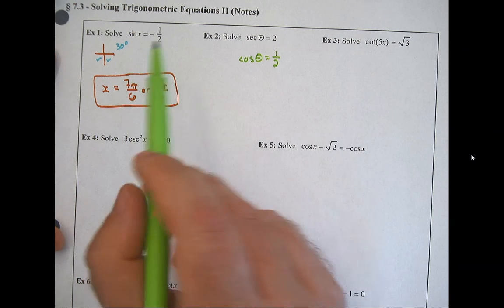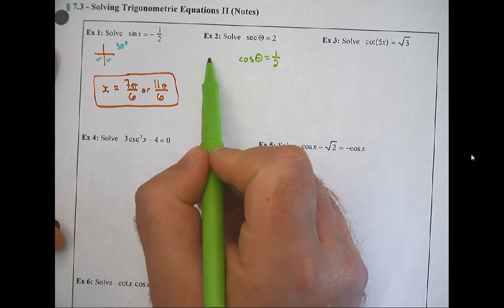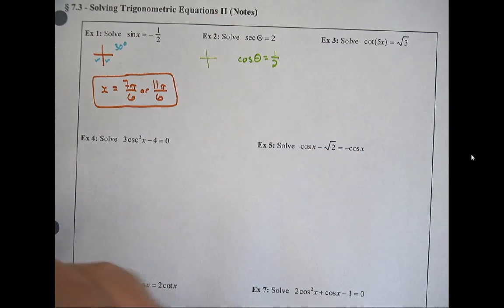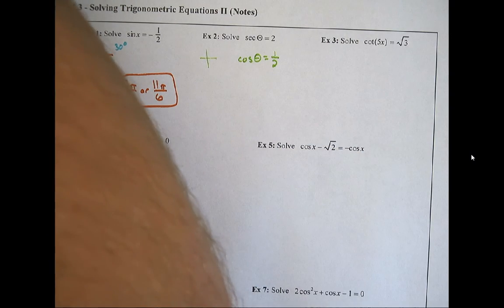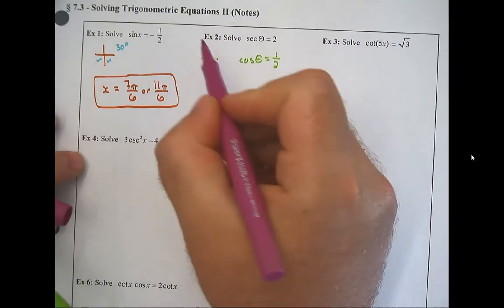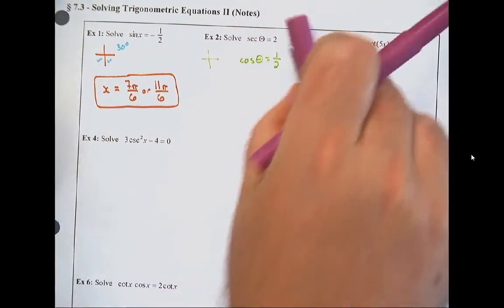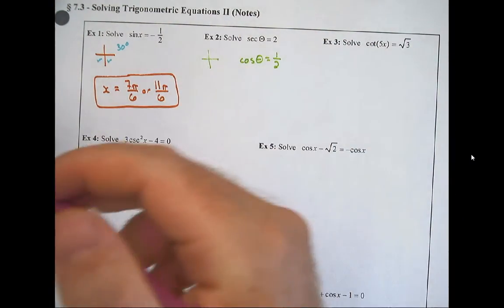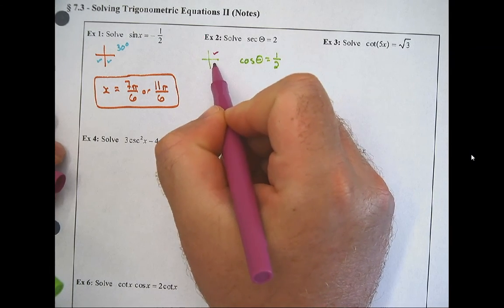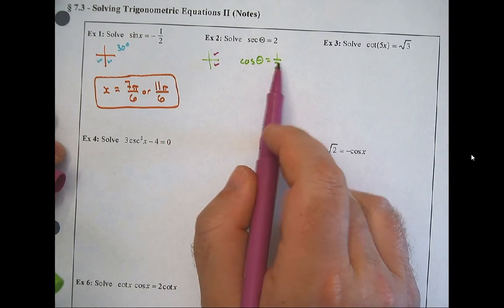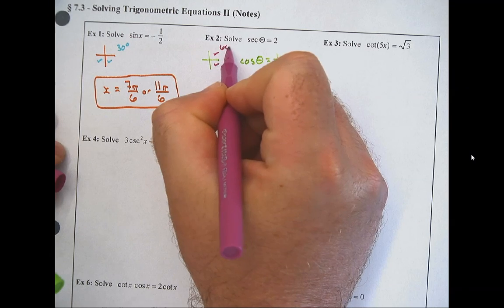Like I said, it was always our goal. So I can now go to the check marks. Where is cosine? First of all, it's positive. So where is cosine positive? Well, check, check. Where is cosine 1/2? That's with a 60 degree.